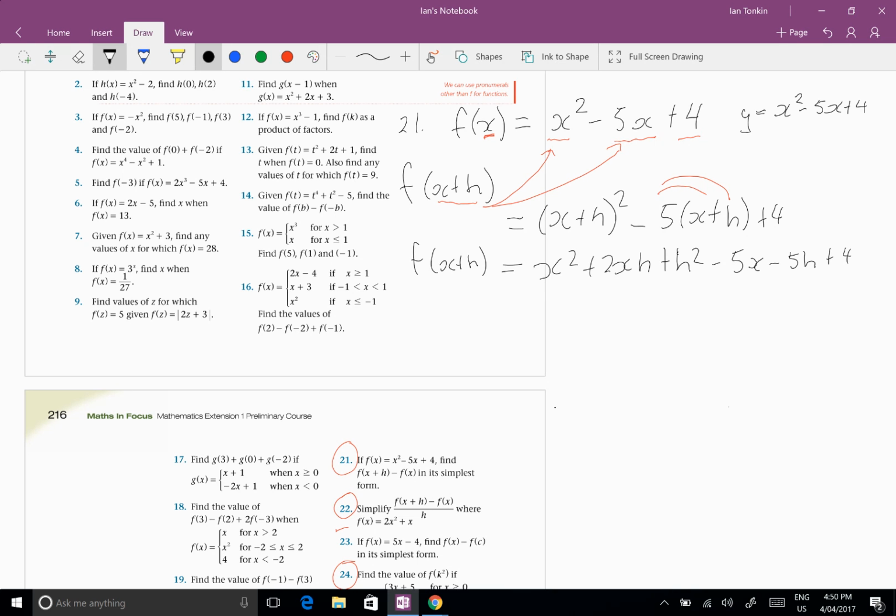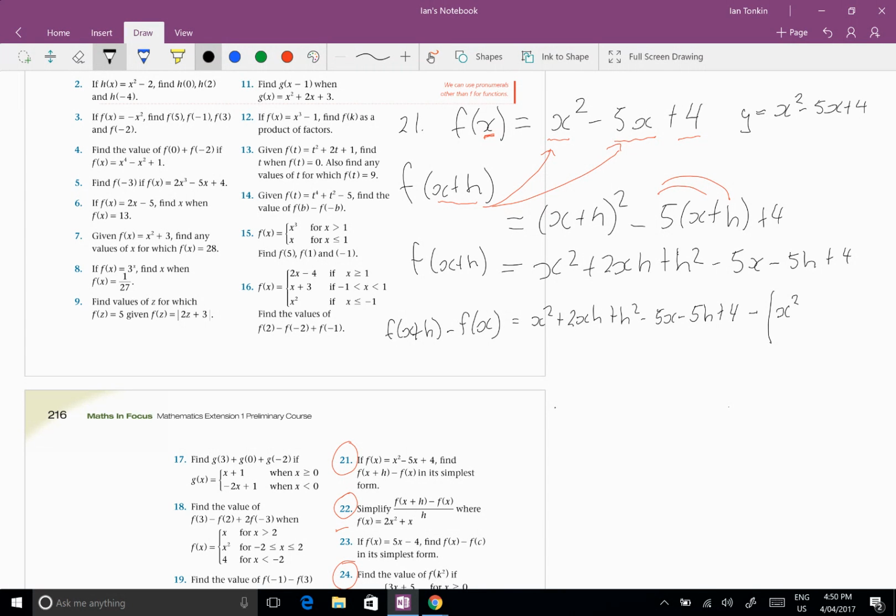But the question asked me, what is f of x plus h minus f of x? Well, I've got f of x plus h, and they've already given me f of x, so I'm just going to do this subtraction. So I get x squared plus 2xh plus h squared minus 5x minus 5h plus 4. And then I have to subtract f of x. Now I've got to be careful here. I'm going to put f of x in brackets so that I get the signs right.